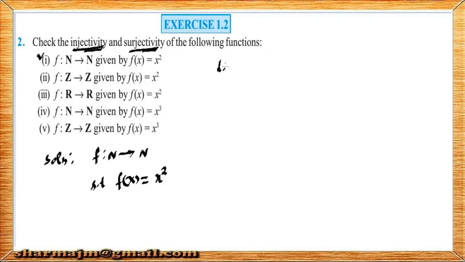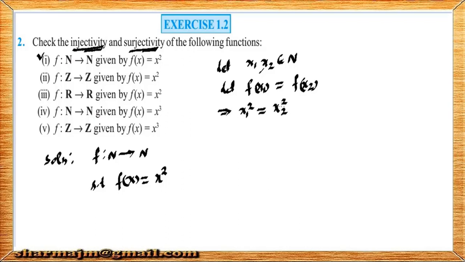So let x1, x2 be two natural numbers, let f of x1 equal to f of x2, which implies x1 square is equal to x2 square, which implies x1 square minus x2 square is equal to 0, which implies x1 minus x2 times x1 plus x2 is equal to 0.